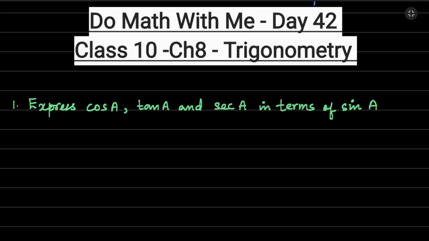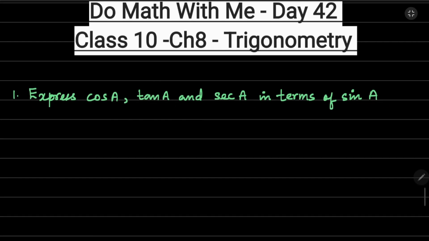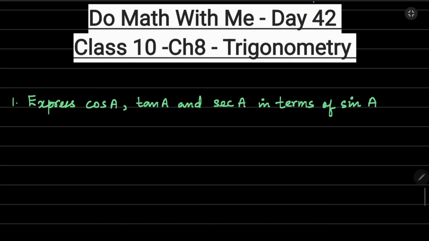So let's get started with the first question of the day. The first question is: express cos A, tan A and sec A in terms of sin A. Let's do that. We know an identity, sin square A plus cos square A is equal to 1.